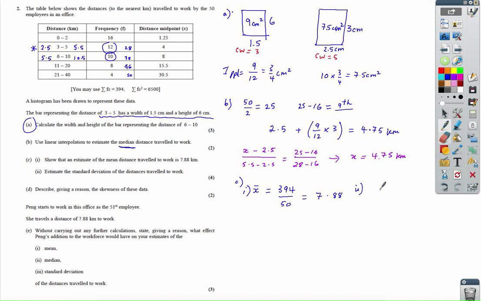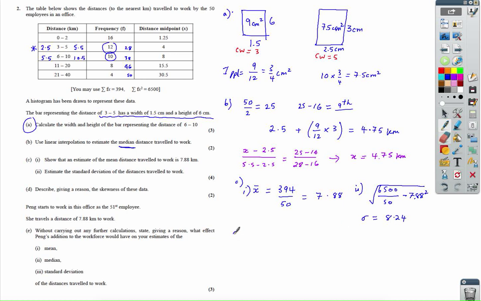For standard deviation, you need to do 6500 divided by 50. Some of you missed that 50 off. Take away the mean squared, square root of that, so you get a standard deviation of 8.24.